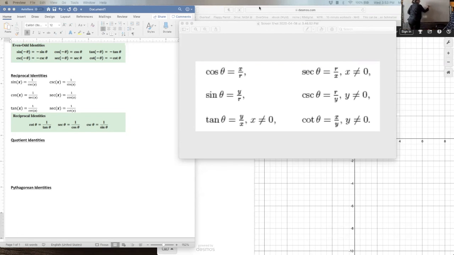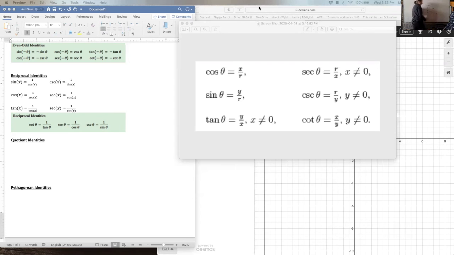sine of theta over cosine of theta, well, sine of theta is y over r, and cosine of theta is x over r. So if we remember how we divide fractions, this is y over r divided by x over r. But dividing by fractions means multiplying by the reciprocal, so y over r times r over x.